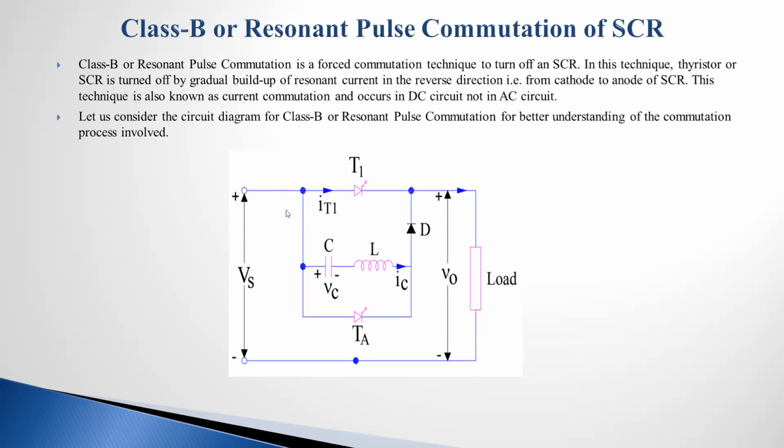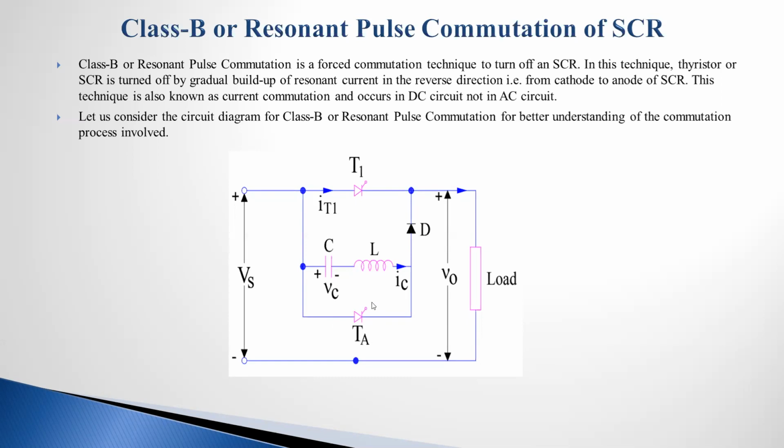Here, this is the main thyristor which we are going to turn off. For turning off this SCR, we are using one resonant circuit as well as one more thyristor. We are using the resonance circuit L and C, and one more thyristor, that is the auxiliary thyristor.